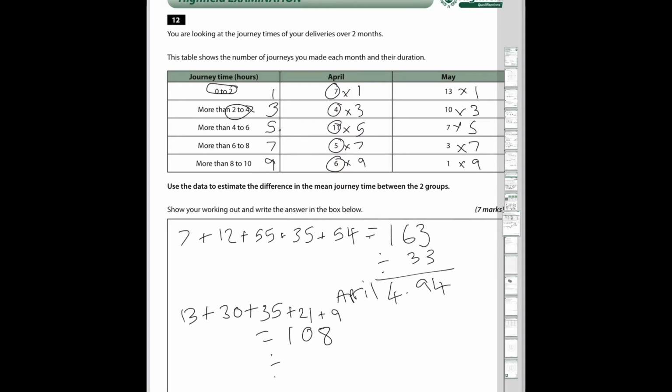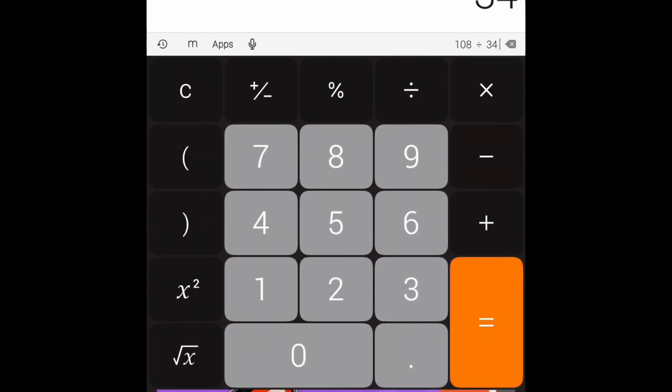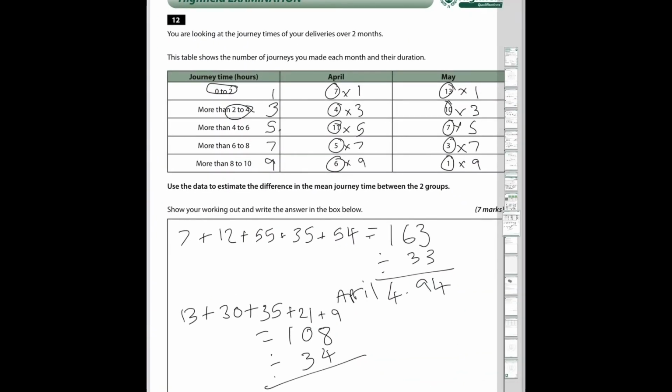Then we need to divide that by adding up all these numbers again. 13 plus 10 is 23, plus 7 is 30, plus 3 is 33, so it's 34. So 108 divided by 34 is 3.18. We're always rounding to 2 decimal places.